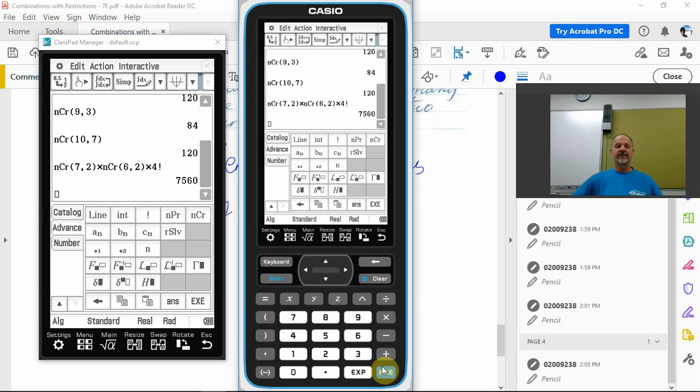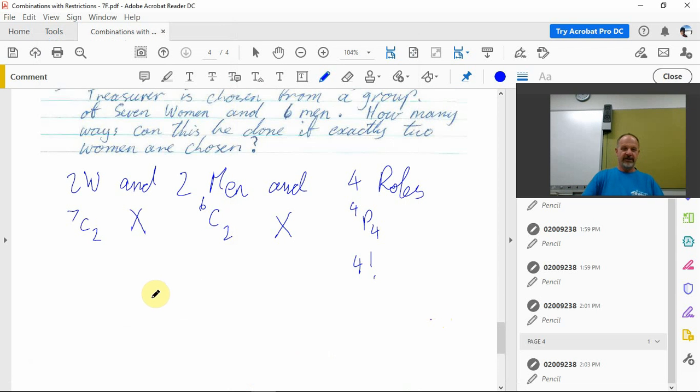And there we are, 7,560. So of all of those people, there are 7,560 different possible committees that you could have.